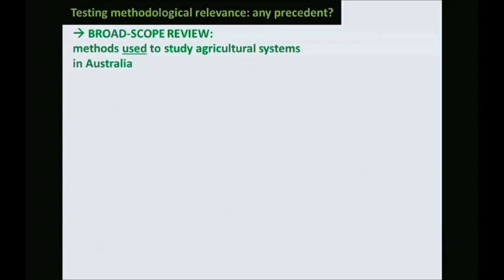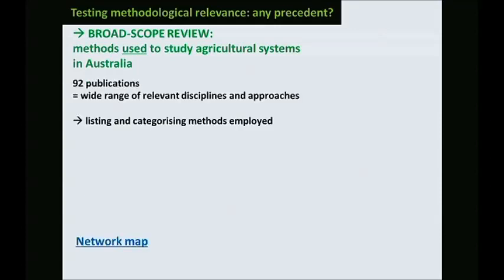So I did a very broad scope review of the methods that are used to study agricultural systems here in Australia. And to do that, I looked in detail at 92 publications that covered a wide range of disciplines and approaches that can potentially be relevant to study agricultural systems.